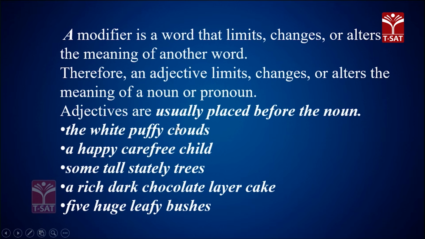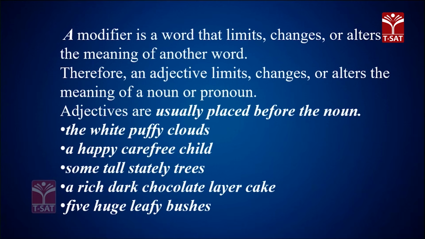See here some of the examples which are being given here for your reference. The white puffy clouds, a happy carefree child, some tall stately trees, a rich dark chocolate layer cake, 5 huge leafy bushes.